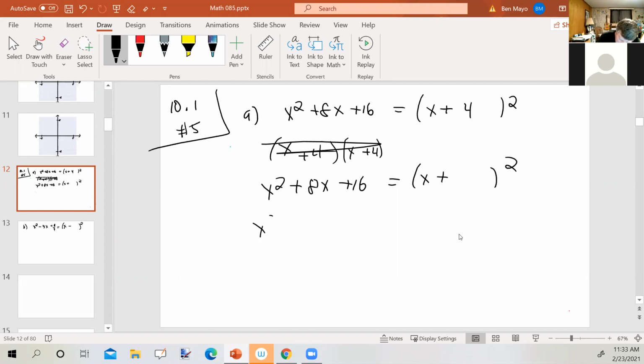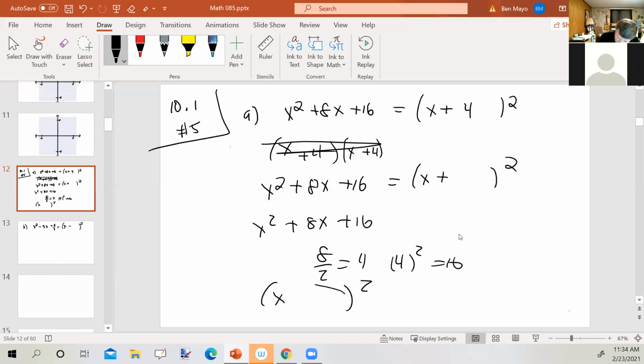Let's say we just had x squared plus 8x. We take the 8, divide it by 2 and get 4. We take the 4 and square it and get 16 and add it there. But recall that what I said yesterday was that the number that went in here was this number. So that would be a plus 4.